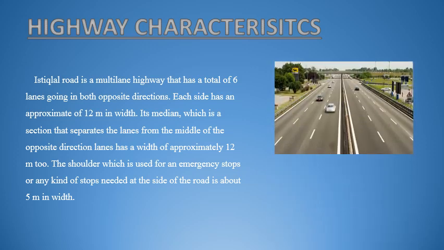Each side has an approximate width of 12 meters. Its median, which is a section that separates the lanes from the opposite direction lanes, has a width of 12 meters too. The shoulder, which is used for emergency stops or any kind of stop, is about 5 meters in width.